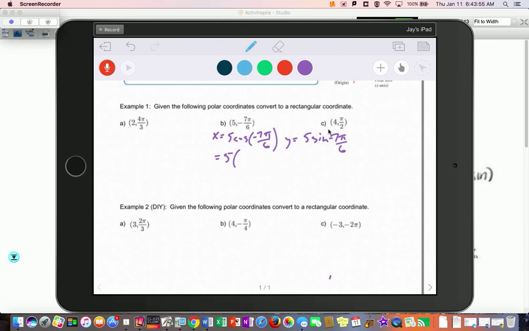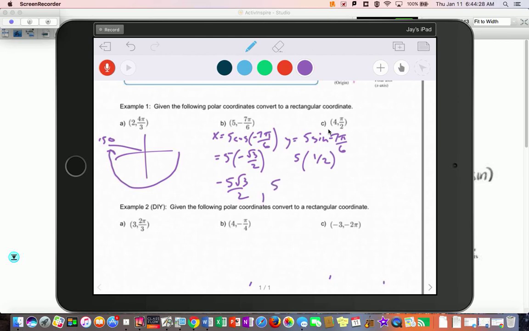So if you start at the right-hand side of your unit circle and you go backwards about 210, we're landing in the same spot as 150. So if you do the 150, you're in the second quadrant, so cosine will be negative root 3 over 2. And so that's just negative 5 root 3 over 2. And Y would be 1/2. So if you want to write that 5/2 or 2.5, that would be your answer.